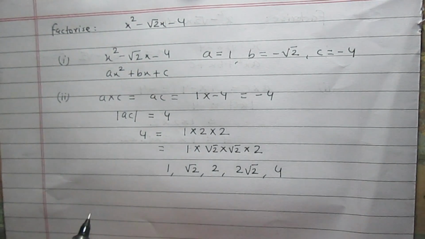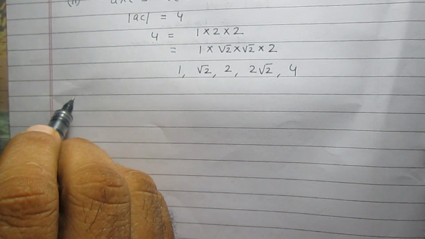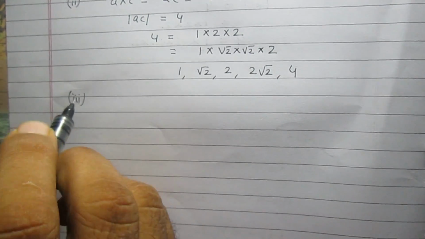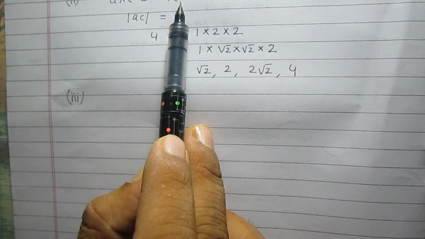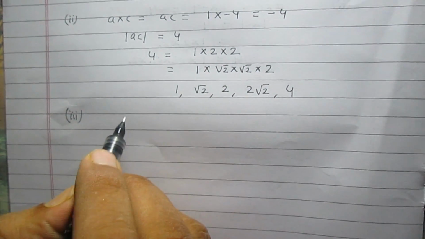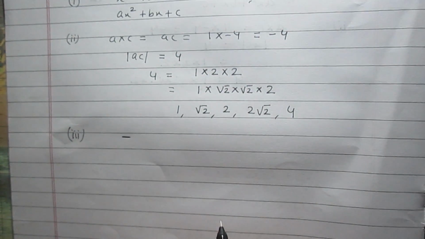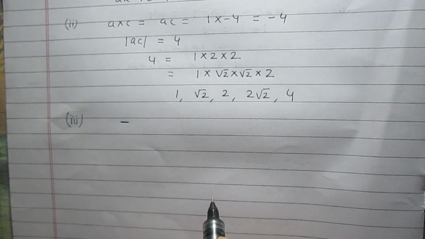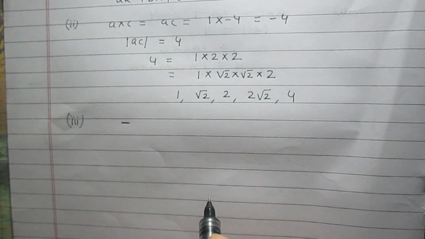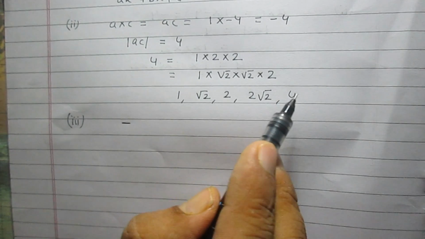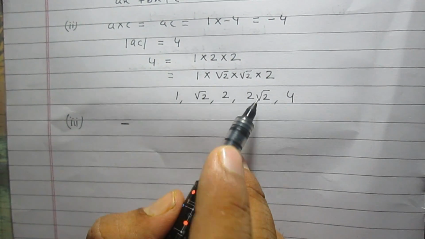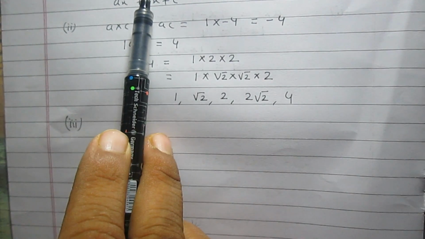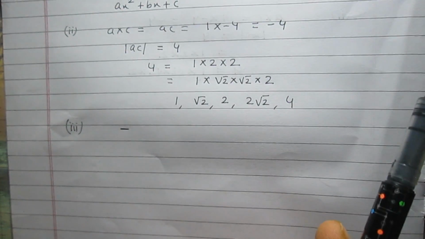Now in third step, first of all we will check the sign of multiplication AC, and it is negative. Since sign of multiplication is negative, we will select two factors out of these factors such that their difference is the middle term square root 2 and their multiplication is 4.